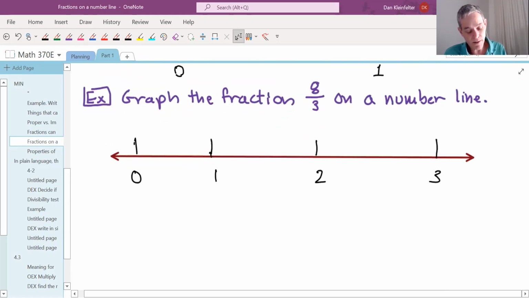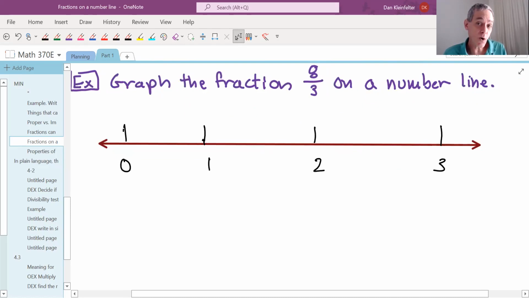Now each of these whole units is going to be divided up into thirds. So there's 1, 2, 3 wholes divided up into thirds, and we want 8 of those thirds. So there's 3, 6, 7, 8 thirds.